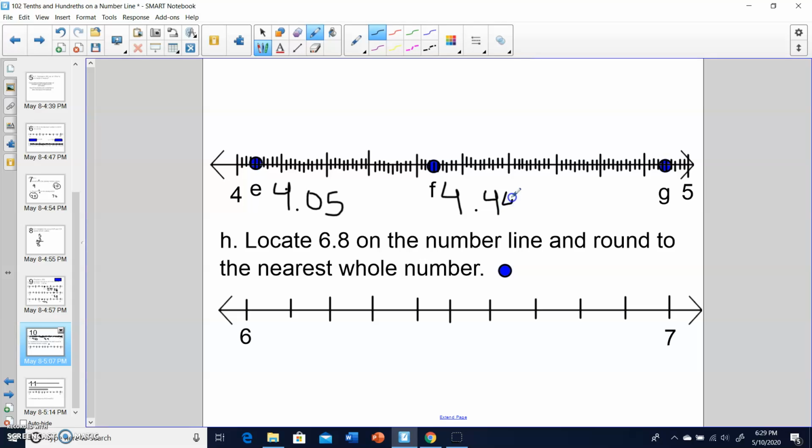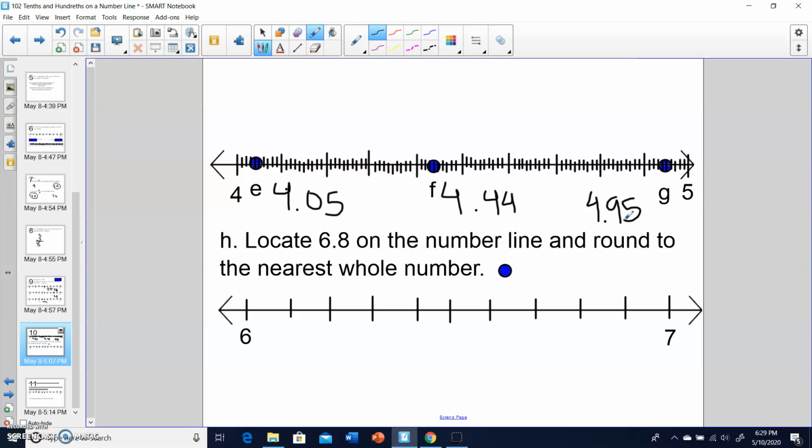Okay, and now G. So again, I'm at 10, 20, 30, 40, 50, 60, 70, 80, 90, 91, 92, 93, 94, 95. So 4 and 95 hundredths.